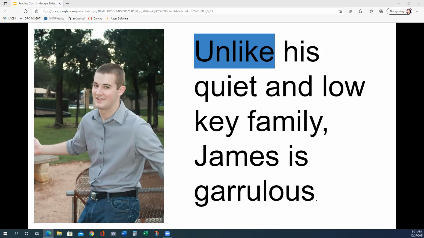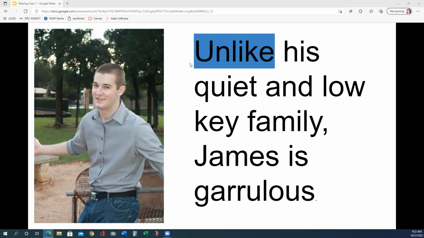Yeah, crazy. So if you see the word unlike, think of the opposite of quiet. Loud. Yeah, it means he's probably kind of loud, talkative. The opposite of low key is, yes, crazy or full of energy.